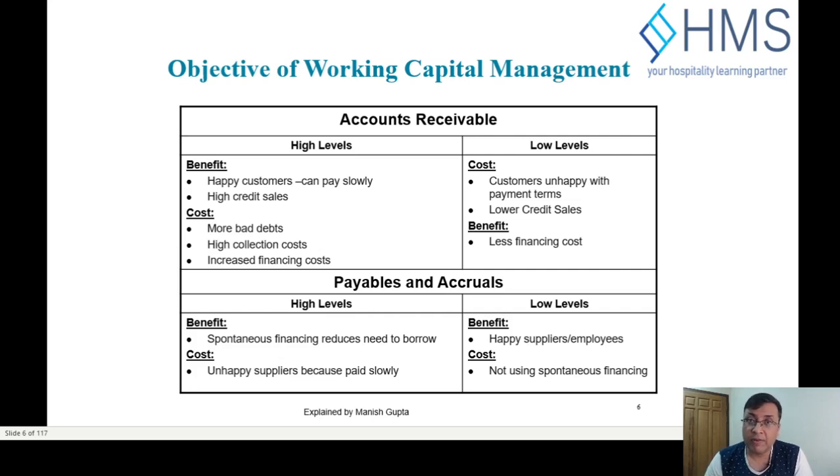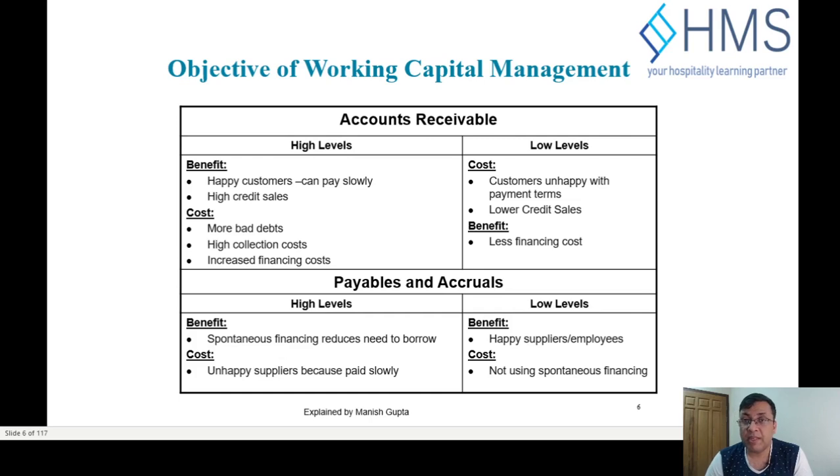A low level, however, signifies that you're not selling enough on credit, or you may be losing out to your competitors. So it means that you have to look at what the industry practice is. Is credit sale really required, or can we work without it? The benefit of low accounts receivable would be less financing cost.